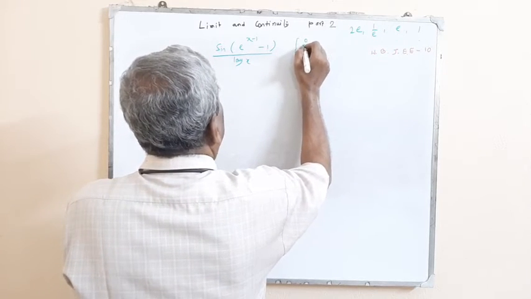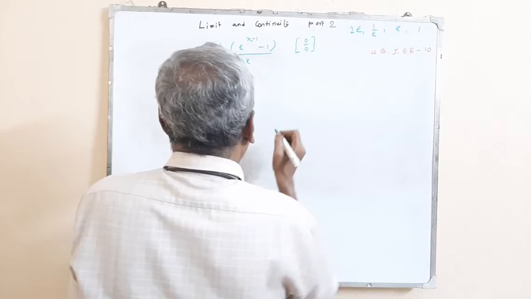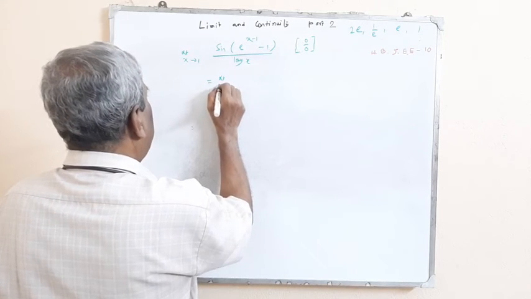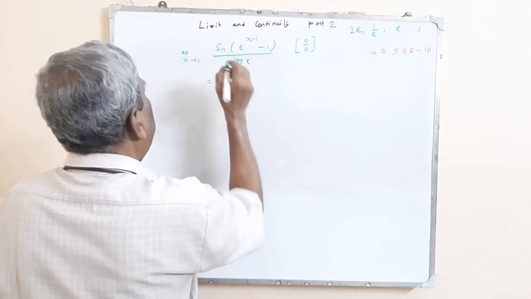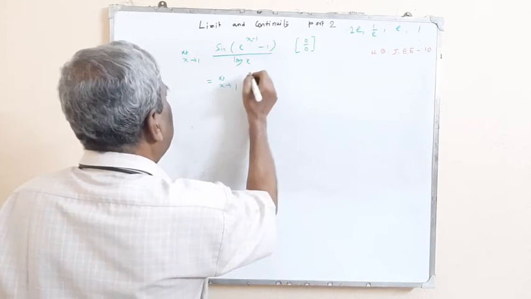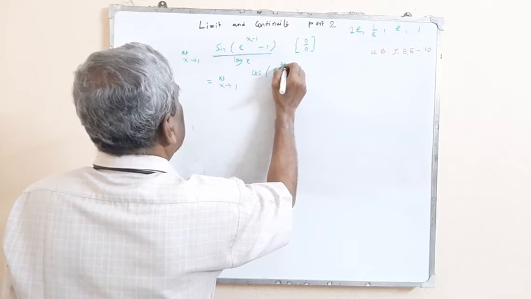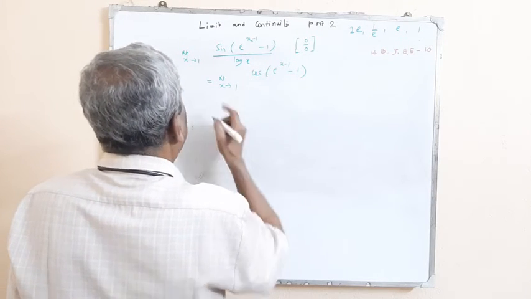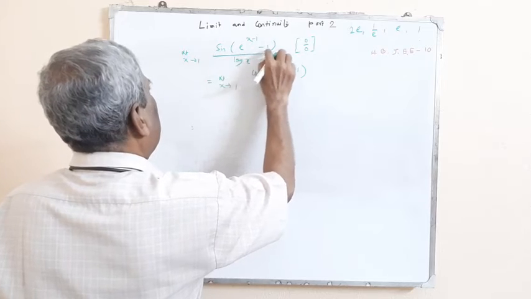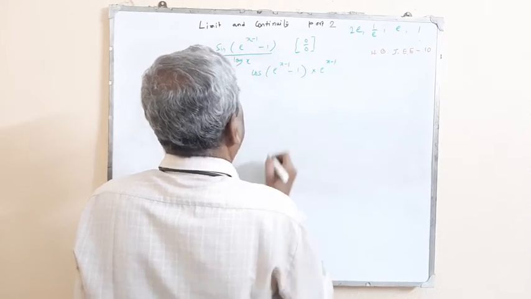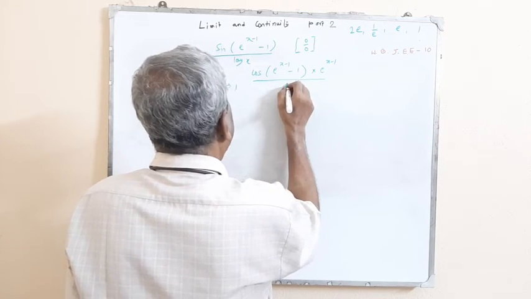Because it is of the type 0 by 0, we apply L'Hospital rule and it is equal to the derivative of the numerator. It is basically a sine function, derivative is cos of (e to the power x minus 1 minus 1) into the derivative of that part, e to the power x minus 1, by 1 by x.